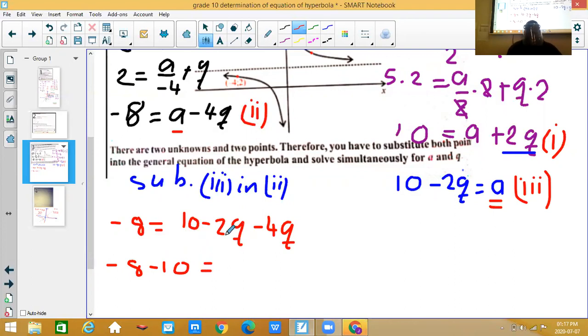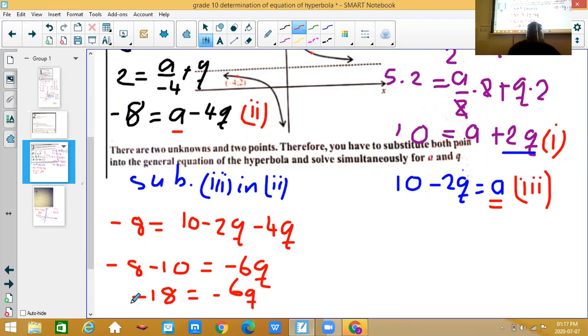Now on the right hand side, be careful. -2q, -4q. What do you get? -6q, right? -8, -10, what do you get? -18. You've got -18 is equal to -6q, right?